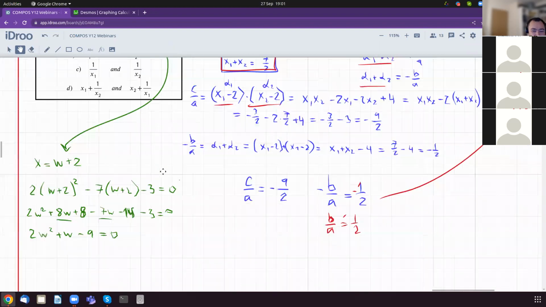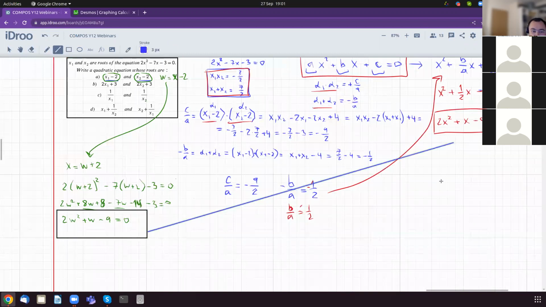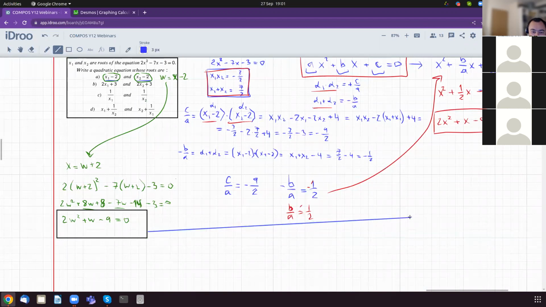Ooh, a familiar equation, isn't it? I'd say the second method is slightly easier. You might disagree with me. Method 2.